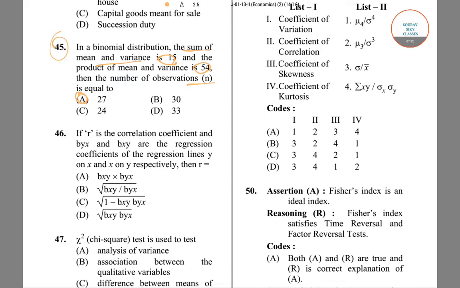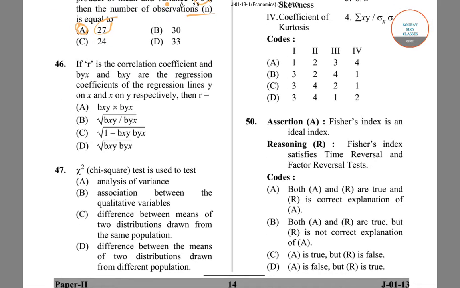Then the number of observations, that is n, is equals to, 2 options are given. We know the right answer to be equals to 27.